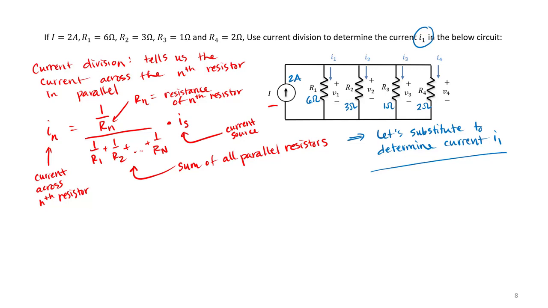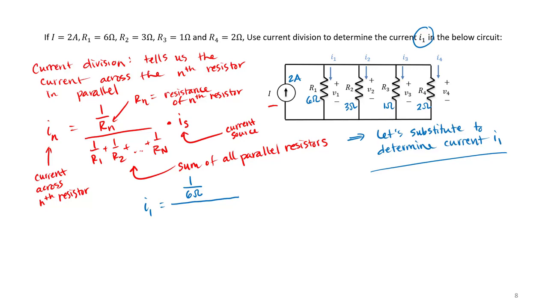And if we do that, we determine that I1 must be equal to 1 over Rn. What's our nth resistor here? Well, since we want I1, our nth resistor will be R1, which has a 6 ohm resistance. So in our numerator, we have 1 divided by 6 ohms. And then on our denominator, we have to sum all of those parallel resistors.